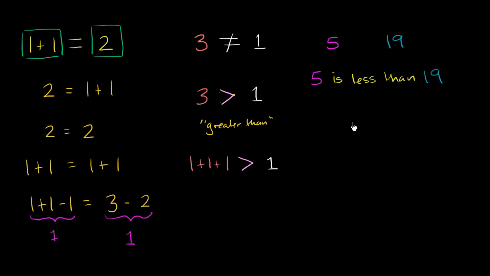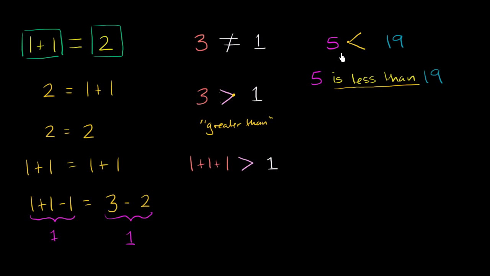And so we just have to think of a mathematical notation for writing is less than. Well, if this is greater than, it makes complete sense to just swap it around. Once again, let's make the point towards the smaller quantity, and the big side of the symbol point to the larger quantity. So here, 5 is a smaller quantity, so I'll make the point there. And 19 is a larger quantity, so I'll make it open like this.